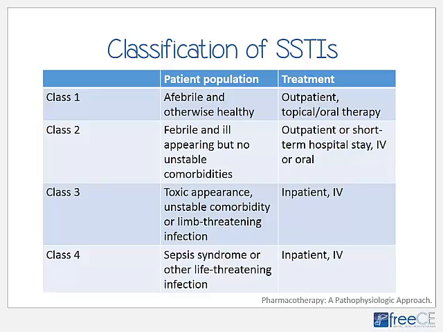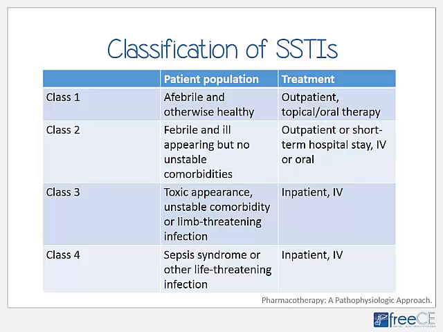Class 3 is more of a moderate infection: toxic appearing, unstable comorbidities, or a limb-threatening infection. These patients are going to be inpatient, and they're going to be started on intravenous therapy. That's not to say that you couldn't transition them to oral therapy before they go home, which is the case with essentially all of the SSTI infections I've been involved with treating on the general internal medicine floor.